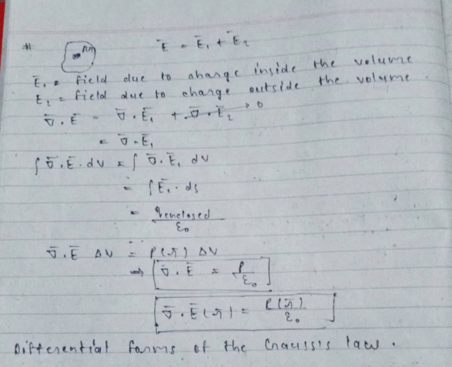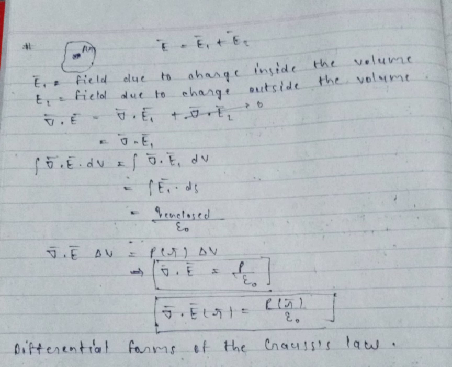Charge enclosed for a very small volume I can write as the charge density inside times the volume delta V. And on the left hand side, again, if the volume is small enough, divergence of E can be taken to be the same over the entire volume, times delta V. And now you see delta V cancels on both sides, and I get divergence of E inside this charge distribution is rho over epsilon 0.